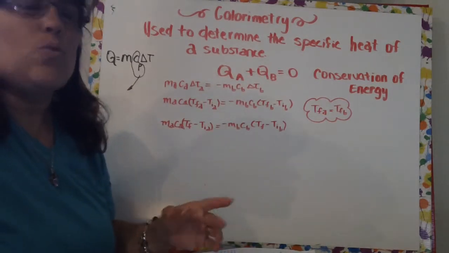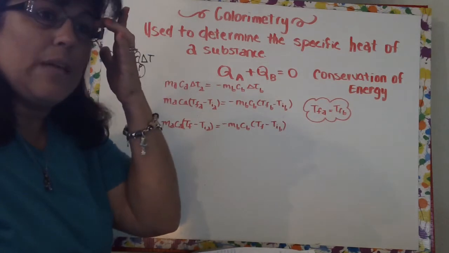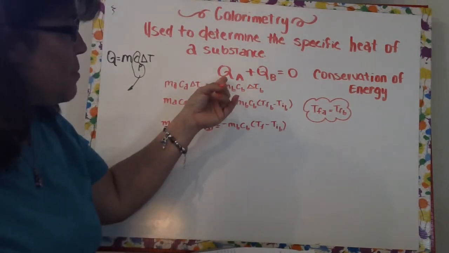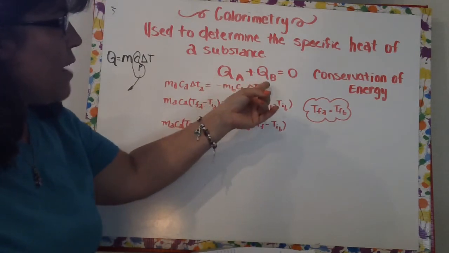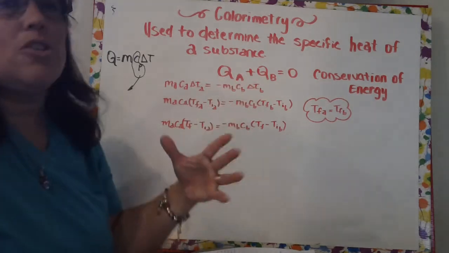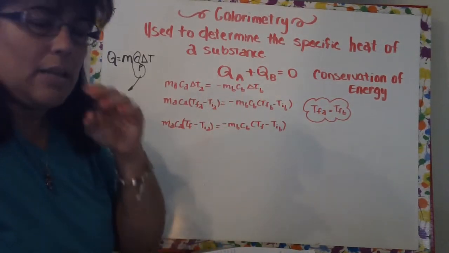What we do is we know by the law of conservation of energy that energy cannot be created or destroyed. So the energy of a substance plus the energy of the other substance equals a constant, which is zero. So pretty much the change in energy is zero, just like we did when we talked about mechanical energy.